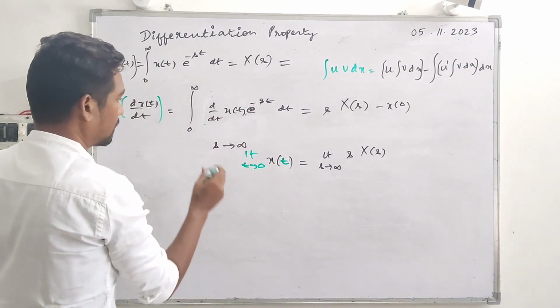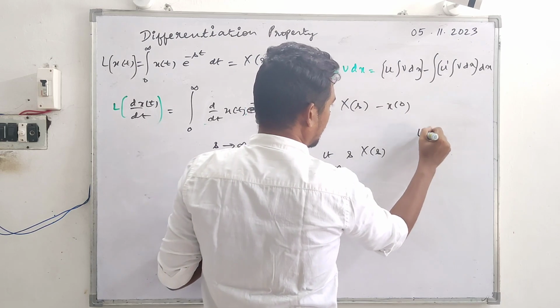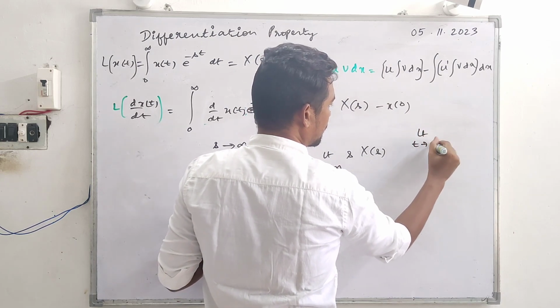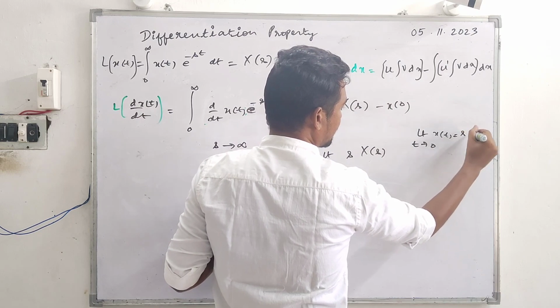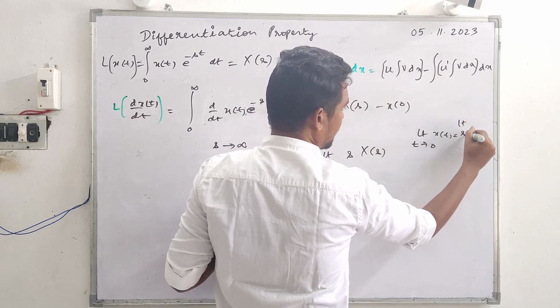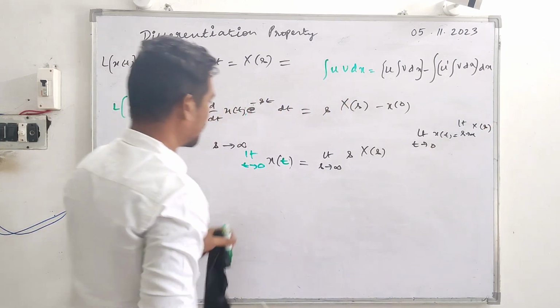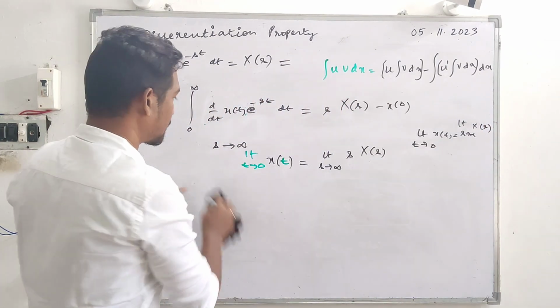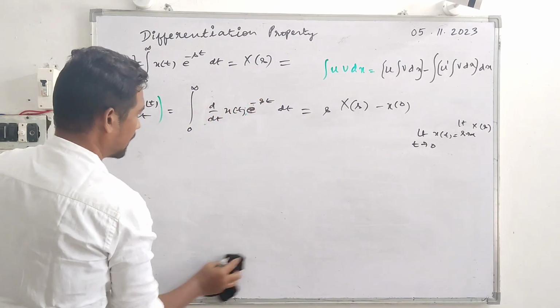Let me rewrite over here: limit t tending to 0, x of t, we have limit s tending to infinity, s x of s. That's it for the initial value theorem. t equal to 0 corresponds to the initial value theorem.